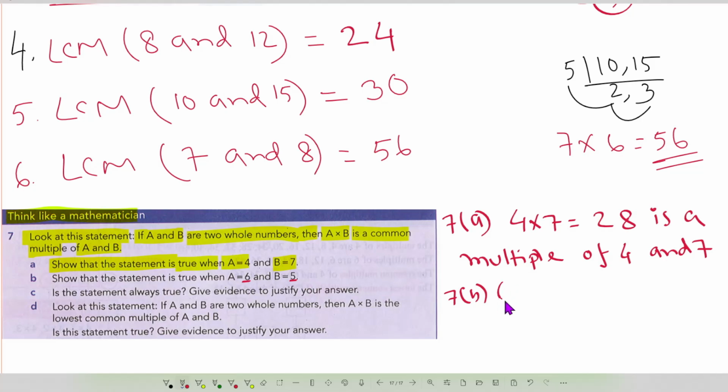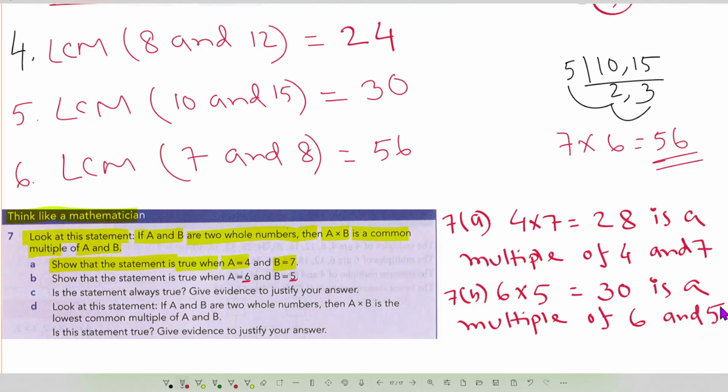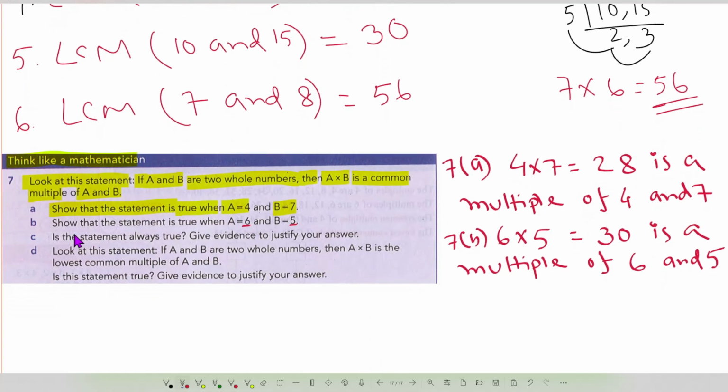So 6 times 5 equals 30 is a multiple of 6 and 5, right? So A and B done.